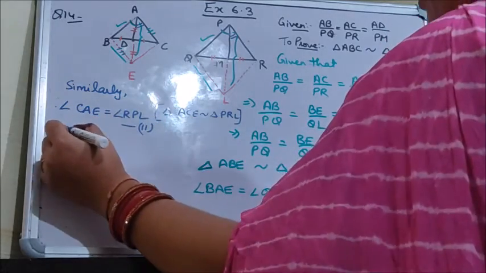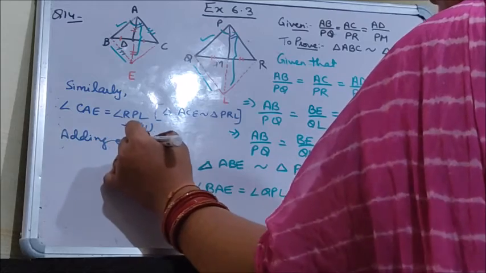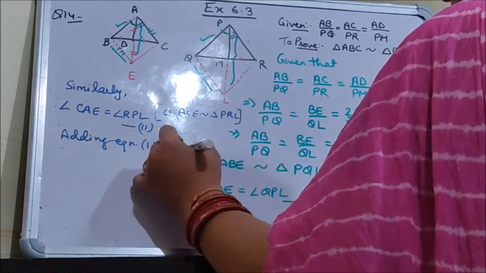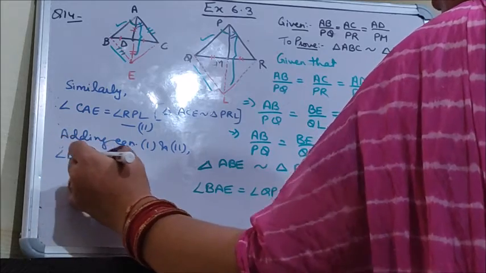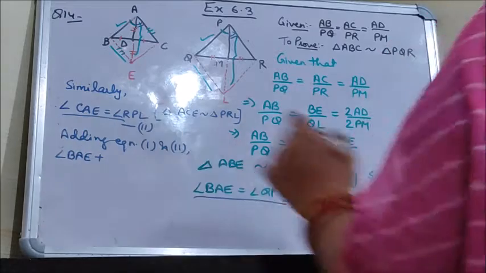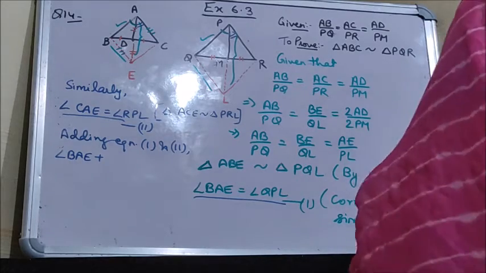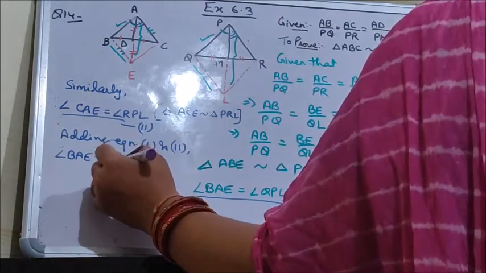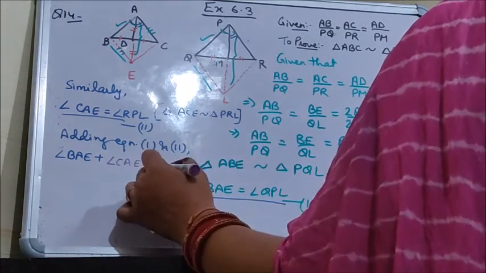Now add equations 1 and 2. Angle BAE plus angle CAE is equal to angle QPL plus angle RPL.